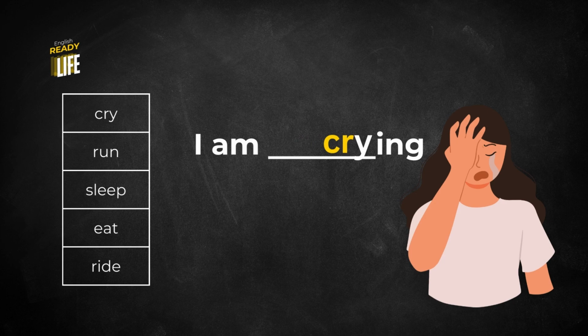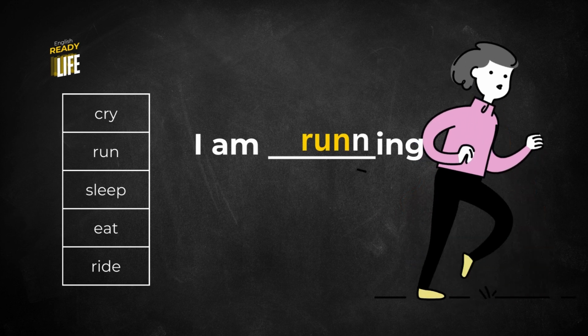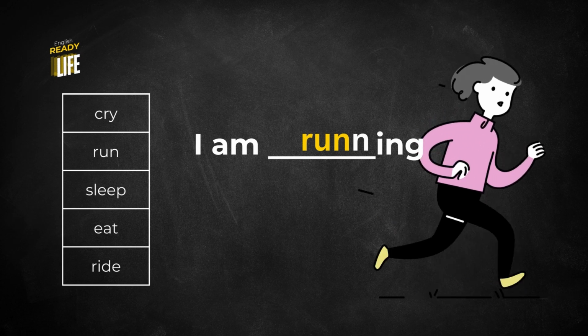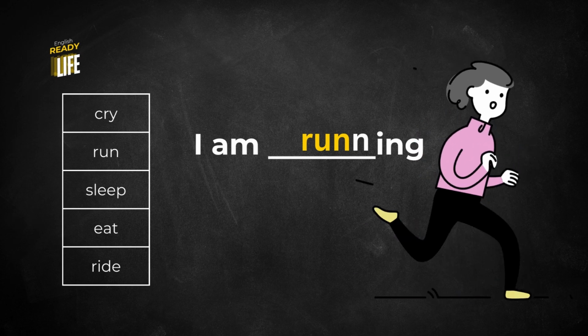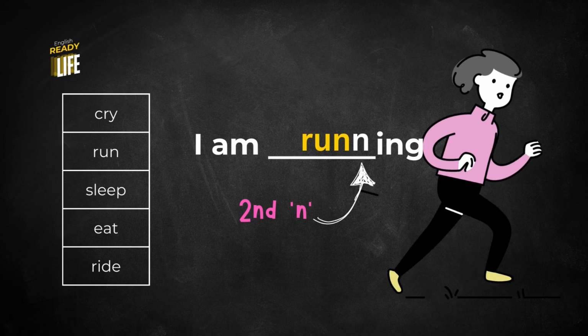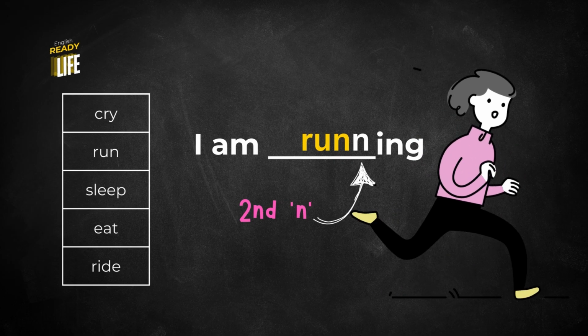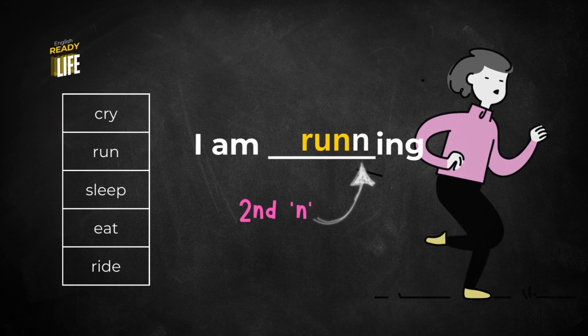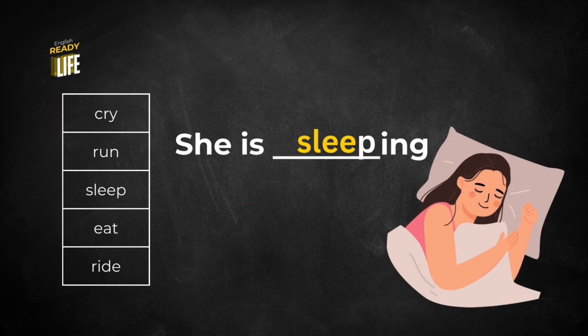I am crying, crying. I am running, running. Notice that there is a second N added to run when you make it a present participle. She is sleeping, sleeping.